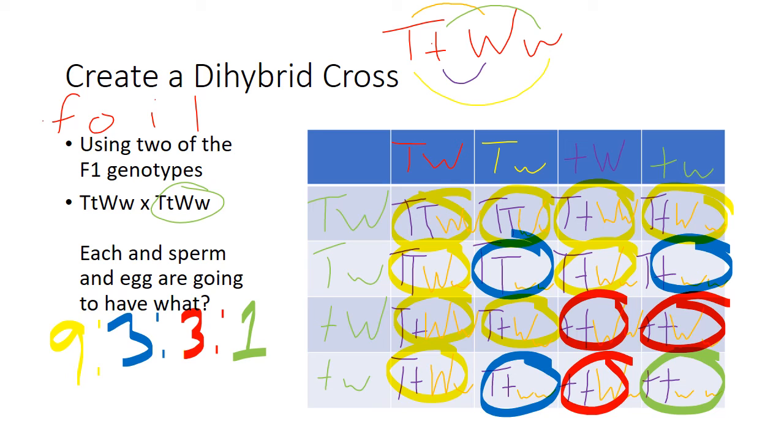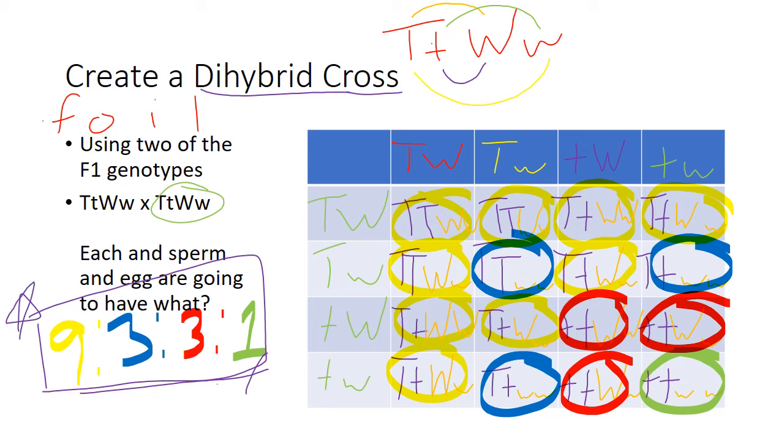And 1 is short and white. 9-3-3-1. It's really helpful to know that ratio when it comes to a dihybrid cross. In fact, I would really recommend memorizing this. Write it, star it, 9-3-3-1.